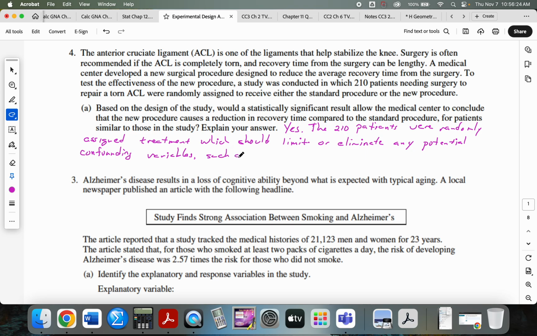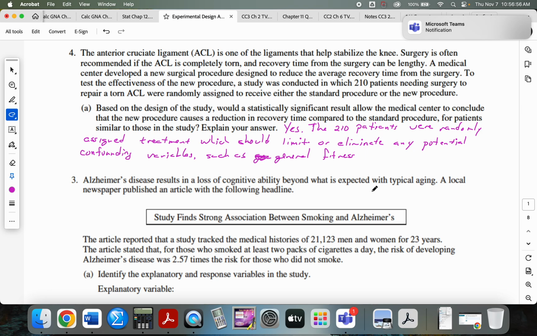Such as what other things might have to do with somebody's recovery from this? Could be their activity. Okay, such as their general fitness. Like their other injuries? Could that be one?